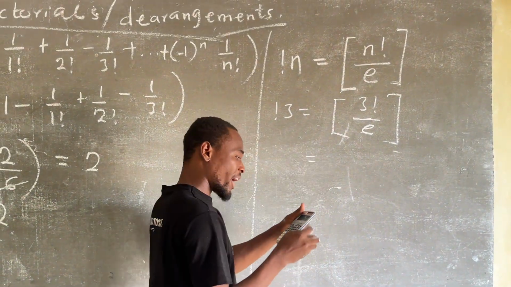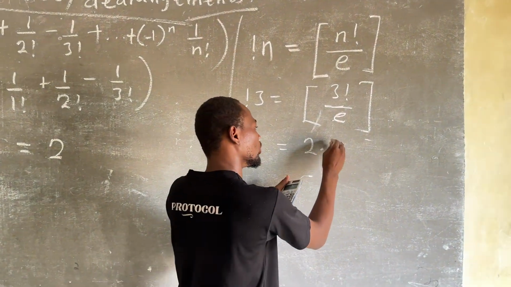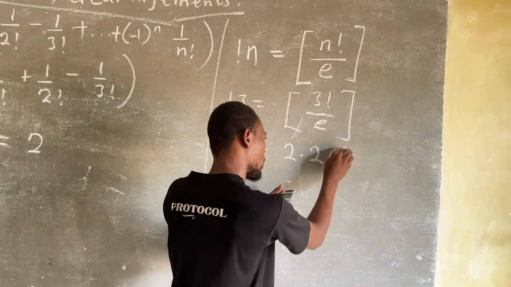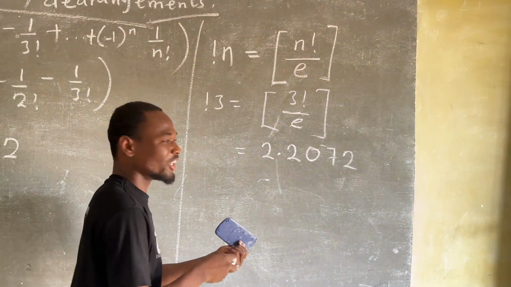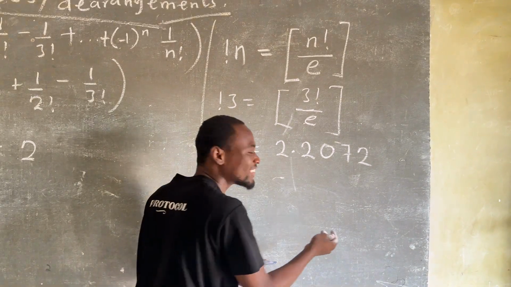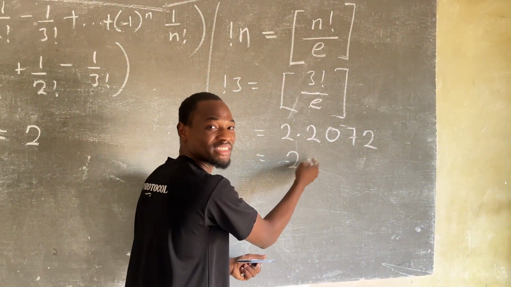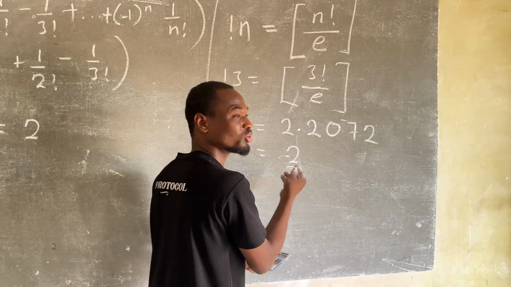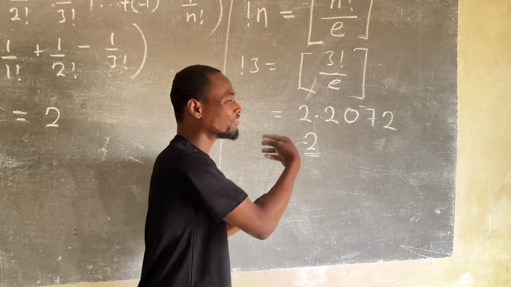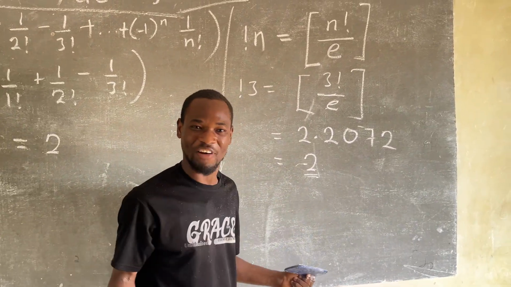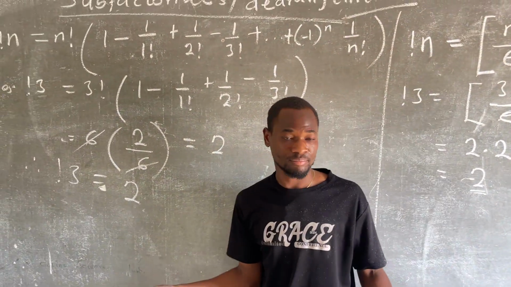With the help of the calculator, you get 2.2072. Now we round this to the nearest integer, so this becomes 2.0, which is the same as 2. So viewers, this method is very simple and fast as compared to the other method.